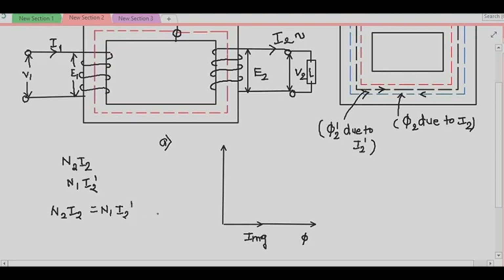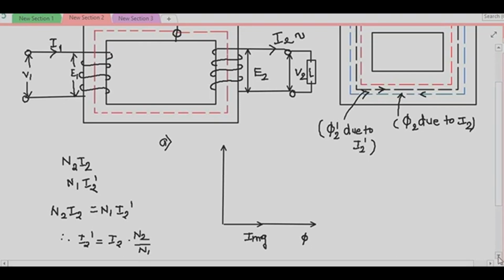What is I2 dash? I2 dash is nothing but the additional current drawn by the primary winding, which is also called the load component, which will neutralize the MMF produced by the secondary current, right? Hence, from this equation, I can write down I2 dash equals I2 into N2 by N1.